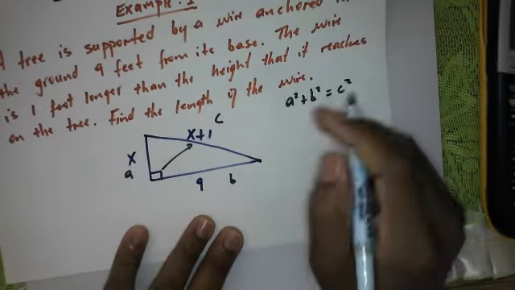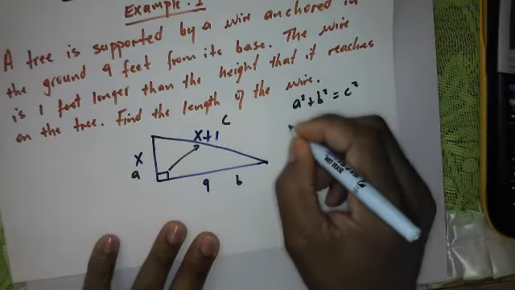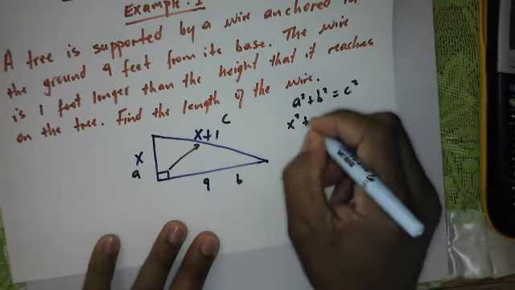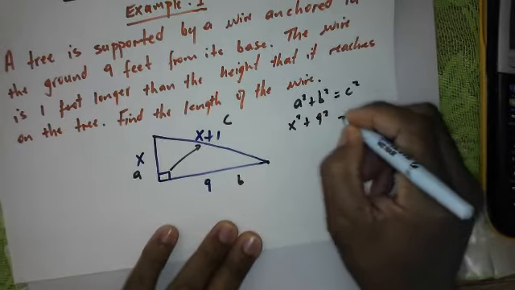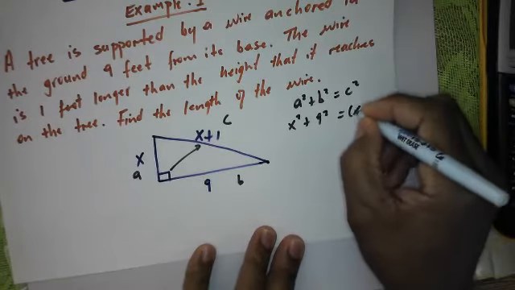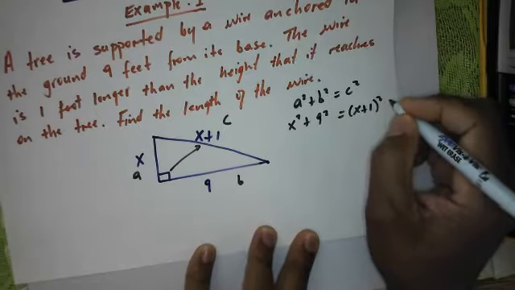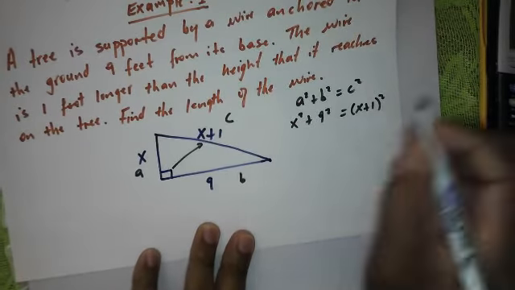So I'm going to plug these values in now. Where A is, I put my A value, so that is x squared, plus where B is, I put my B value, which is 9 squared, equals where C is, I put my C value, which is x plus 1 squared.